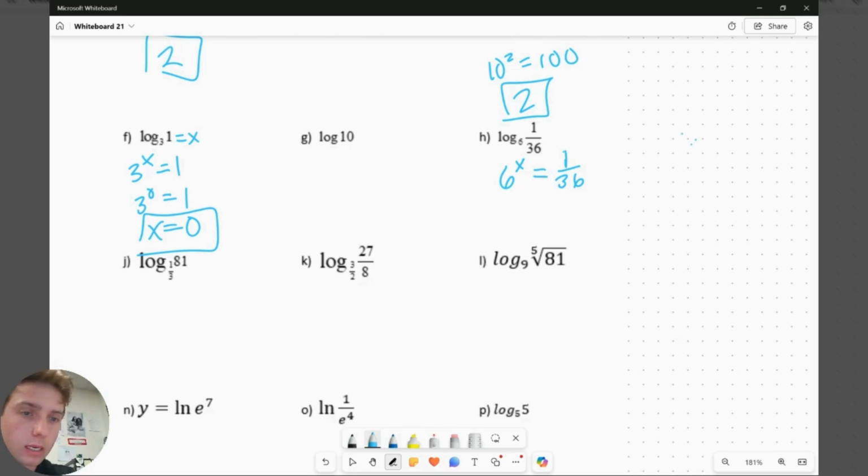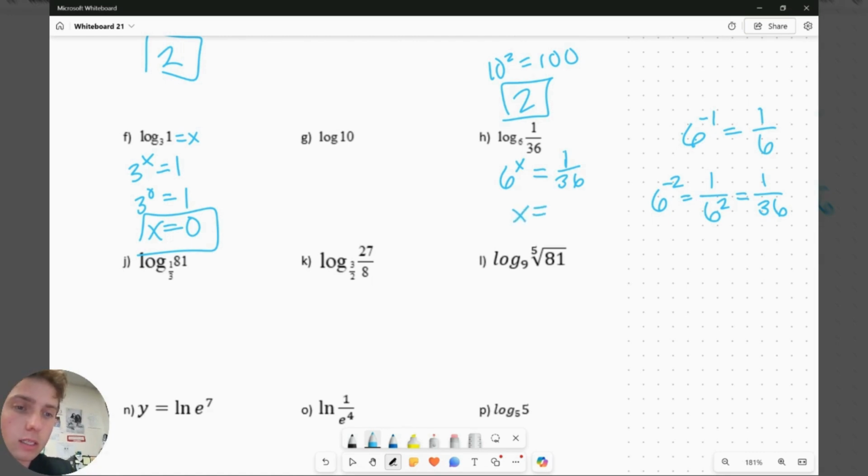Well, that would mean I take 6 and I raise it to some negative power. For example, I have 6 to the negative 1, that's 1/6. But I don't want 1/6, I want 1/36. That would mean I'd have to have 6 to the negative 2. 6 to the negative 2 would be 1/6 squared, which would be 1/36. I know in this case, this evaluates to negative 2.